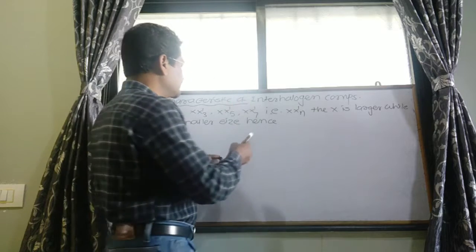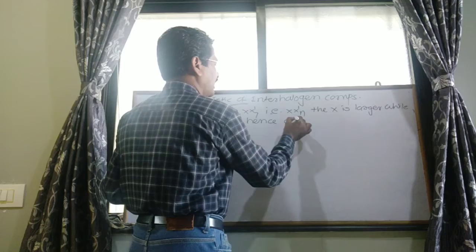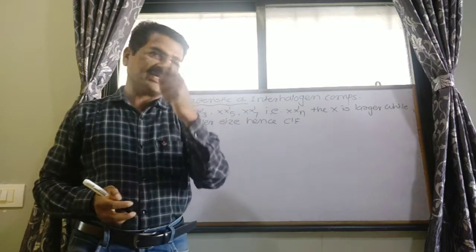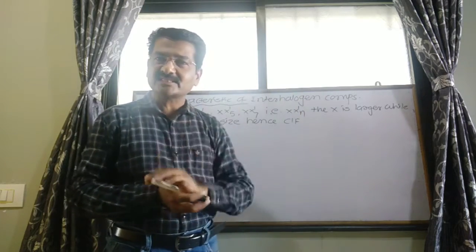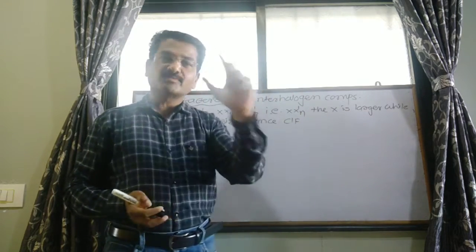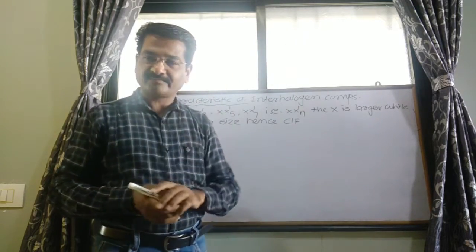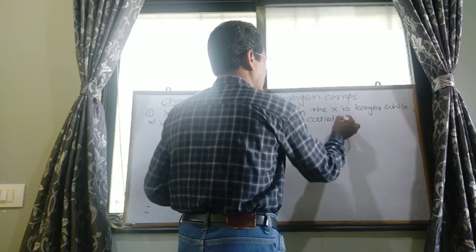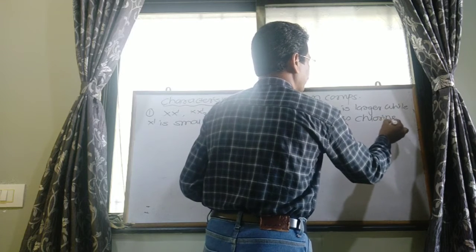How? For example, ClF. In this interhalogen compound, chlorine is the parent having the larger size and fluorine has the smaller size. This compound is called chlorine fluoride.